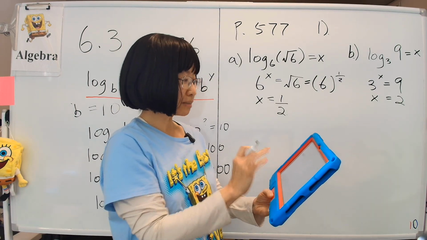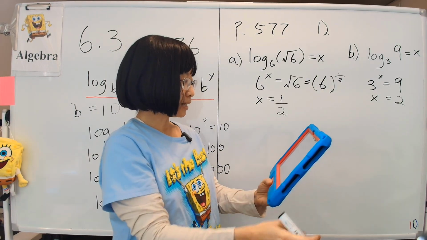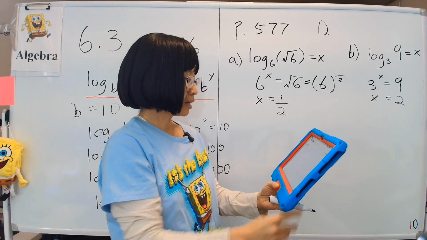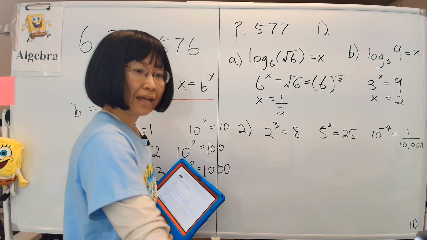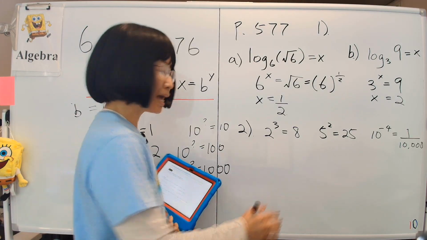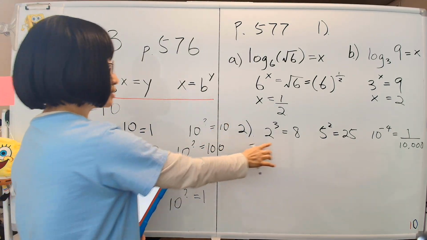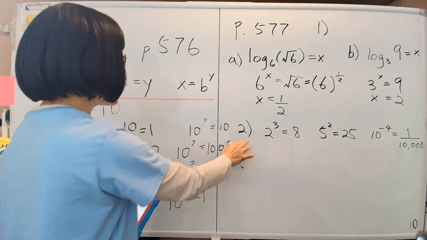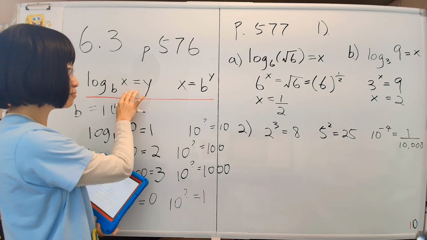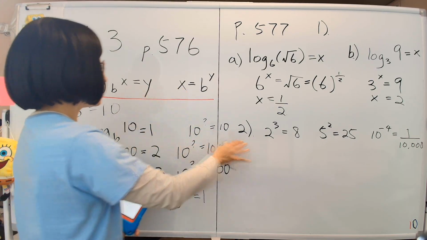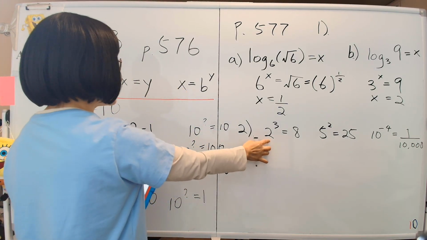Next, turn to the next page. Let's look at example 2. For example 2, there are 3 things, and we need to write each one in logarithmic form, similar to before. The thing that is the base is always the base.